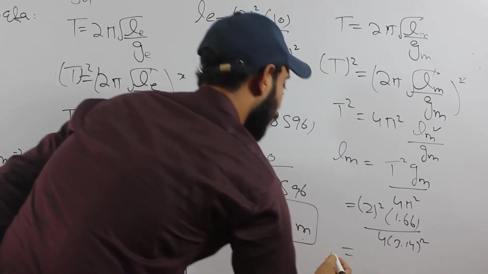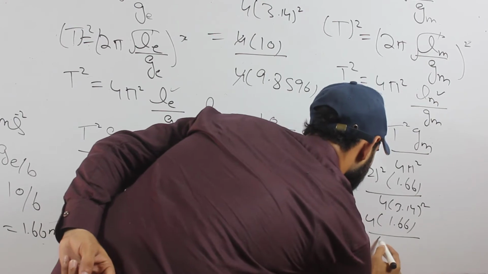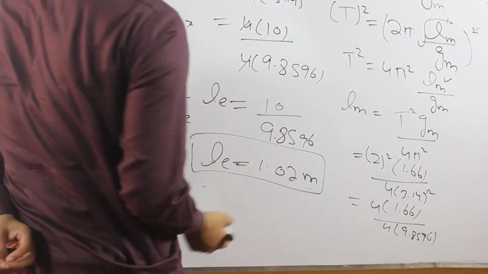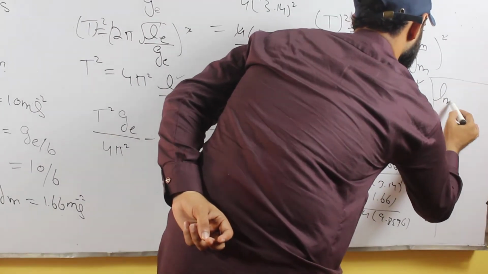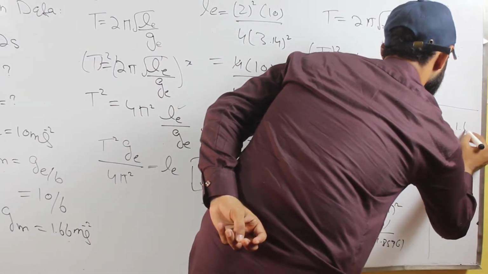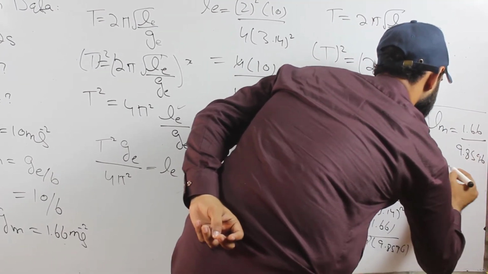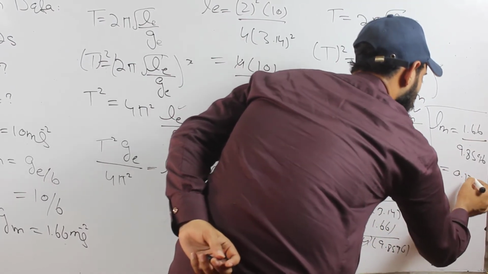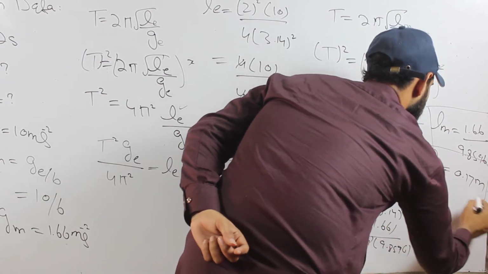So student, after 1.66 divided by 4, 9.8596, whenever we solve all of these, the 4 cancels and it remains 1.66 over 9.8596. So we will get 0.17 after dividing these two, and meter is the SI unit of the length. So that is the length on the moon.